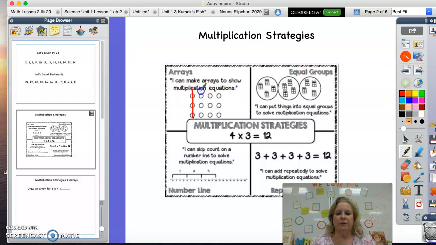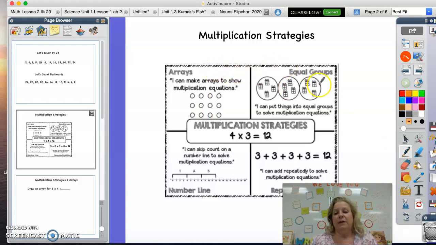So these are my rows here. So when I do a multiplication equation, I'm taking basically my columns, which are 4, times 3 rows, which equals 12. So that's our first way of doing our multiplication.